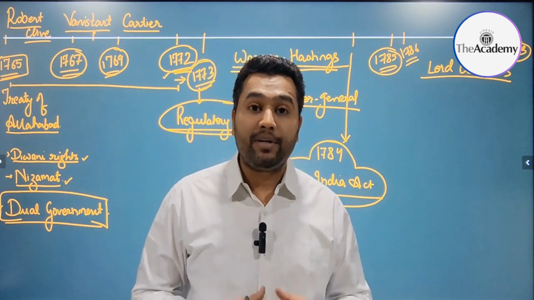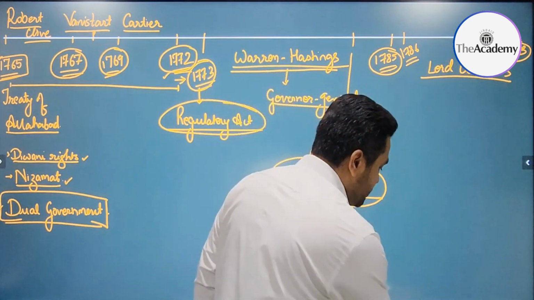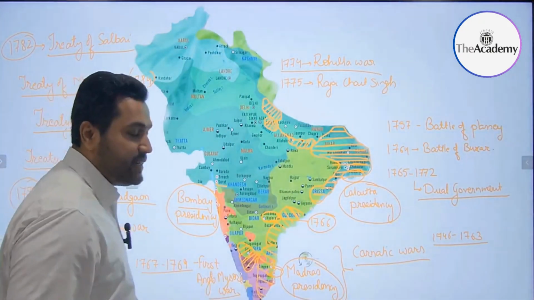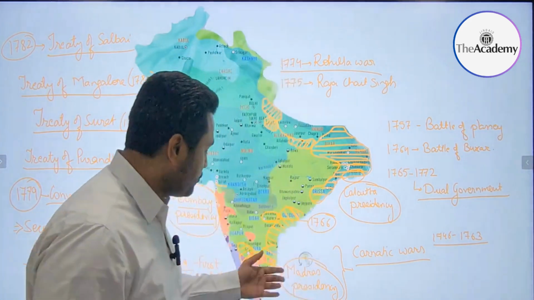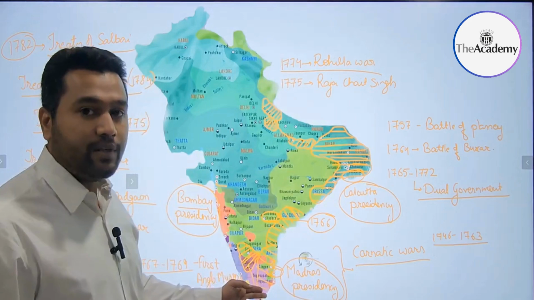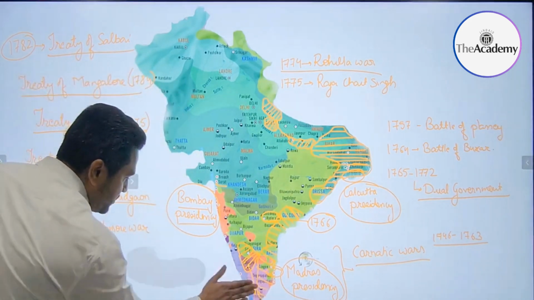Lord Cornwallis' time period also witnessed the Third Anglo-Mysore War. So in 1790, when Tipu Sultan attacked Travancore, which was the ally of the British, it led to the Third Anglo-Mysore War.